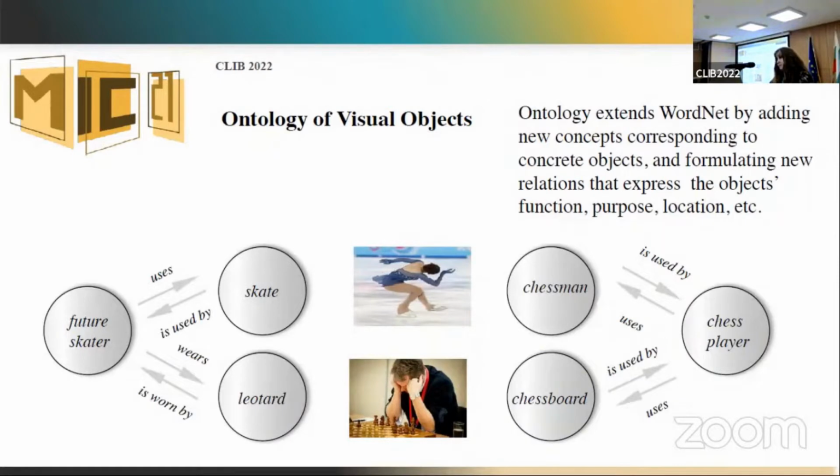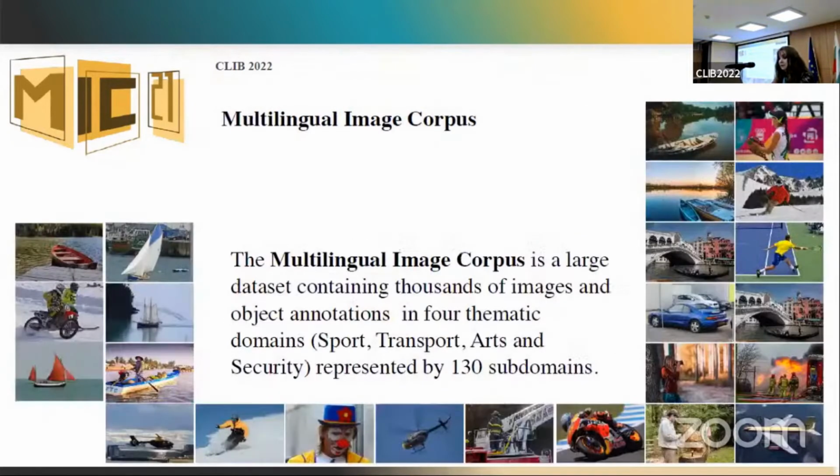Here, it's obvious that objects can be described only by nouns. So this is a new relation between nouns which are related with concepts which can be depicted in images.